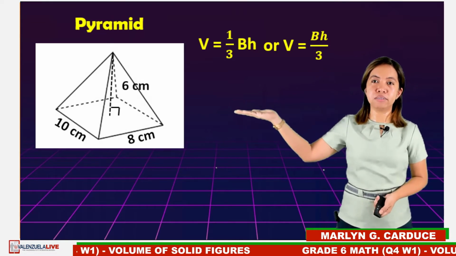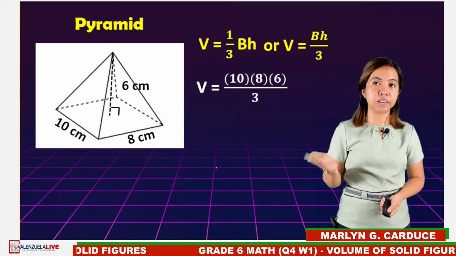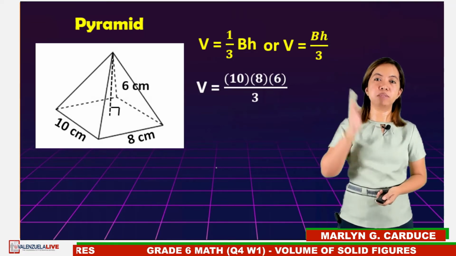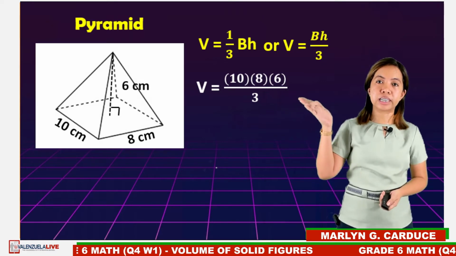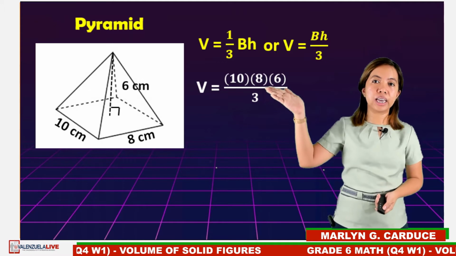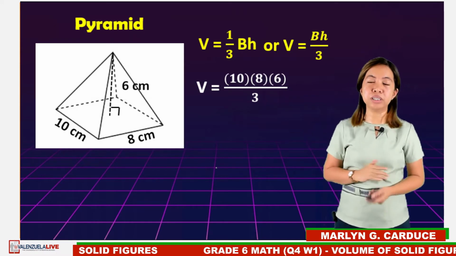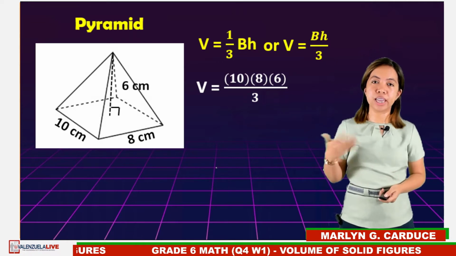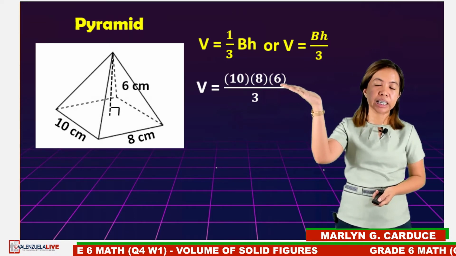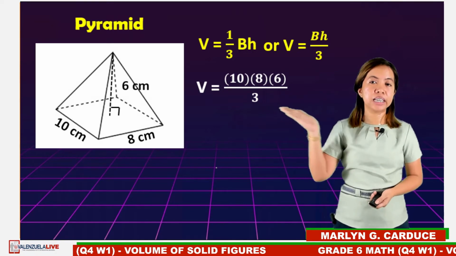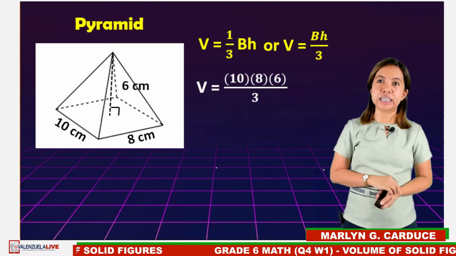So using the given in the figure, let's substitute all the given measurements in the formula. So that is 10 times 8 times 6. By multiplying 10 and 8, it will give us the area of the base. And then multiply it by the height, which is 6. And then after that, divide it by 3. So it will give us the volume of the pyramid.